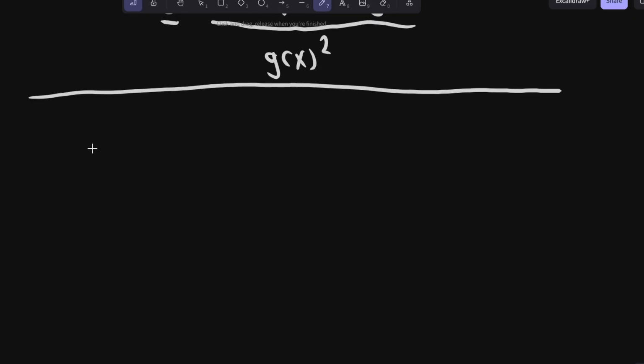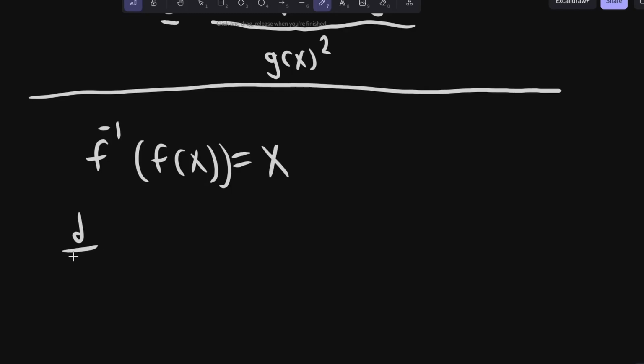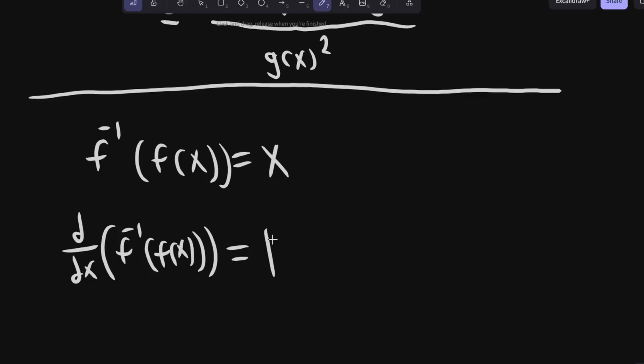So consider the inverse function of f defined such that f inverse of f of x is equal to x. So whatever f takes x to, f inverse takes it back to give you x. I can take the derivative of both sides of this expression, right? So I'll get d dx of f inverse of f of x equals 1. Chain rule time, right? f inverse of f of x, that's a chain rule.